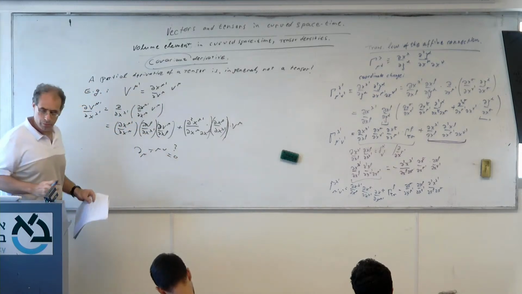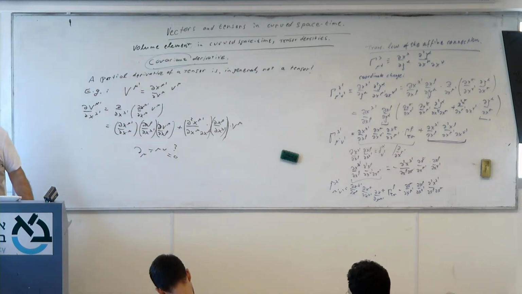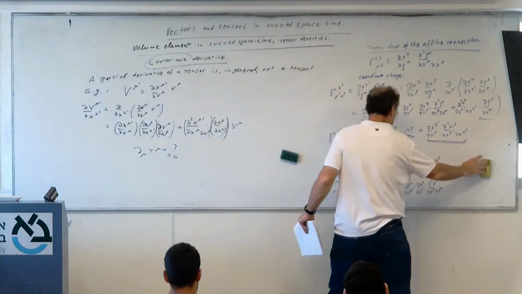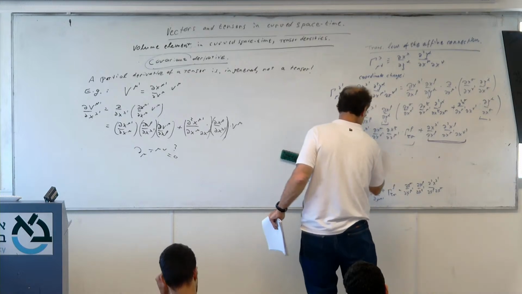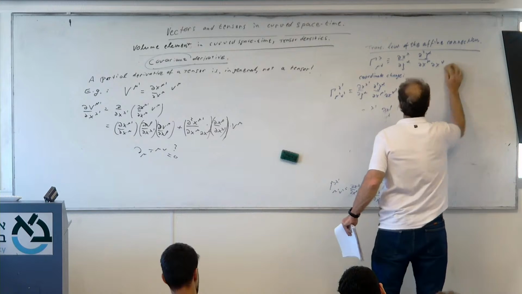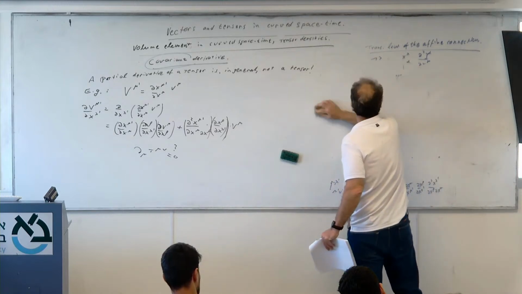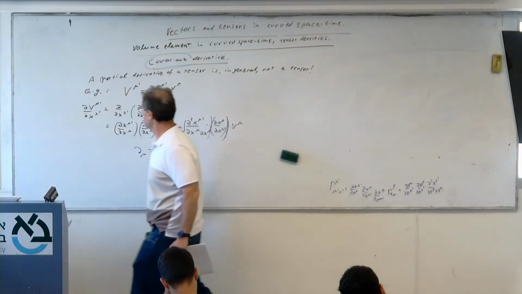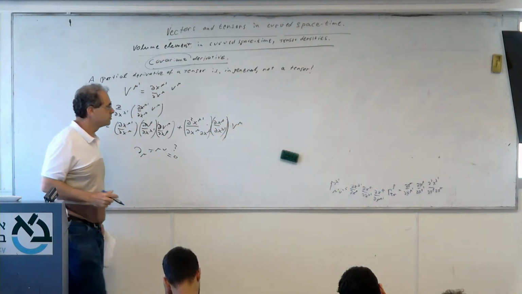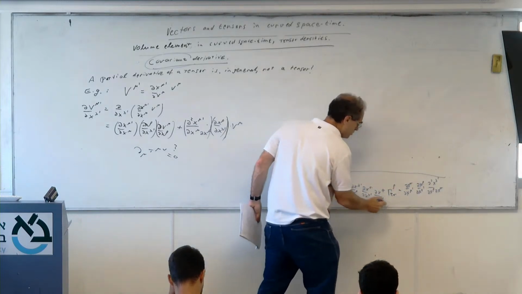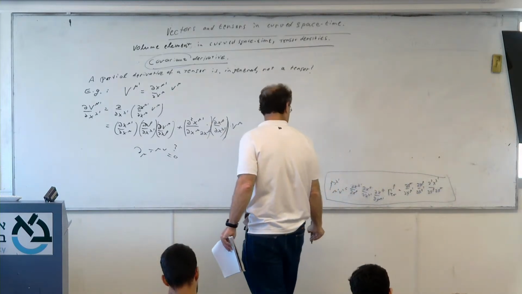So I will. We are running a little bit short of time, so I'm going to erase all that. I want to leave the final result because we're going to use it. So we have that here. I'm not touching it.